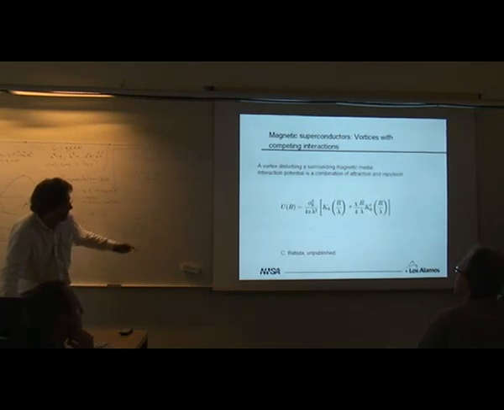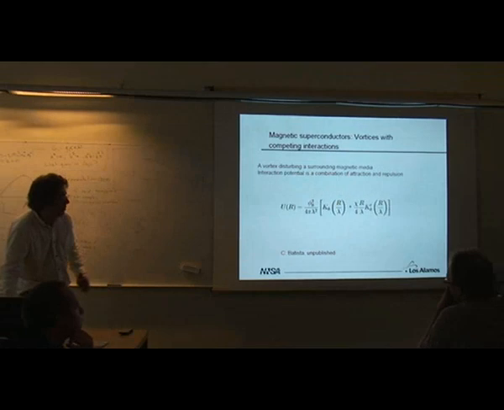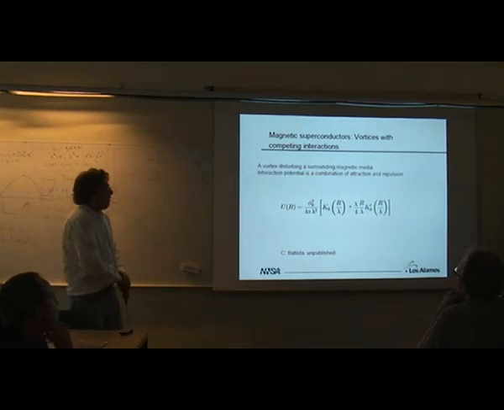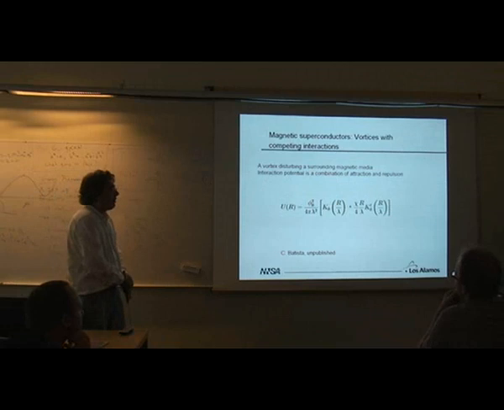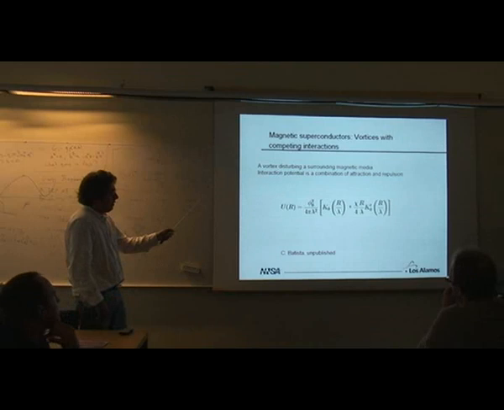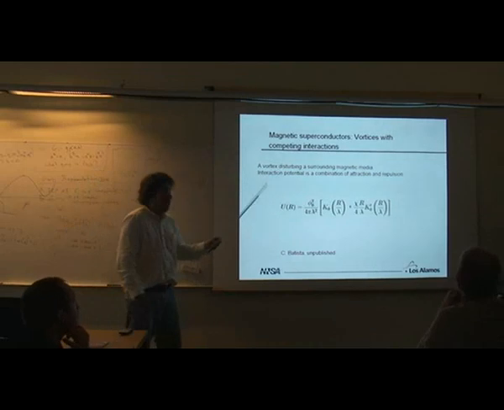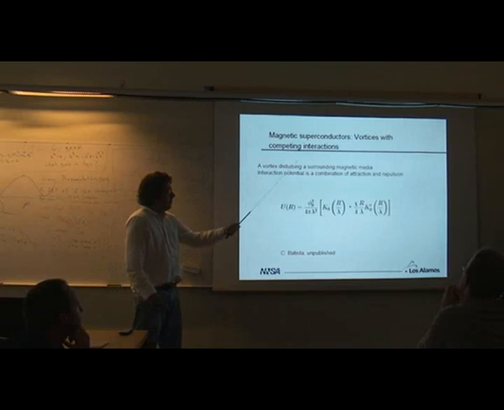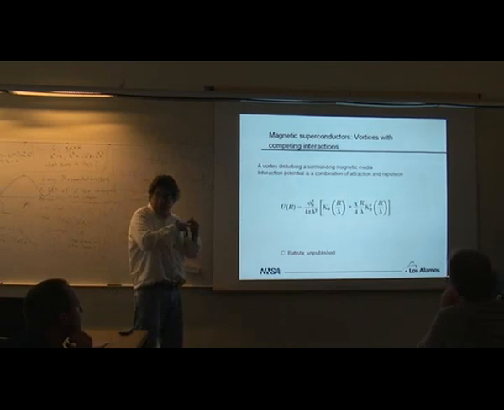So what I showed you is just the generic model. More recently, since we're interested in working on these 1.5 superconductors, we are trying to think of a way to do this for a vortex system. One way might be by looking at a magnetic superconductor. You have the vortex in a magnetic medium that causes a distortion in the magnetic medium, which the vortices can reduce by coming together.